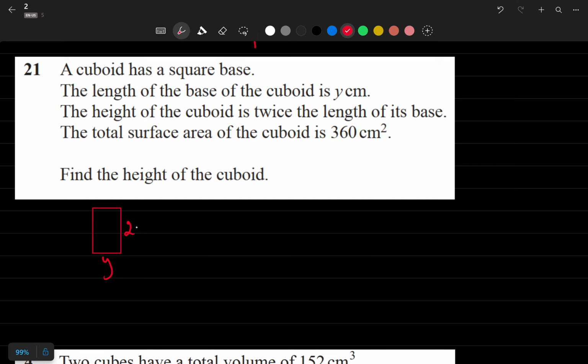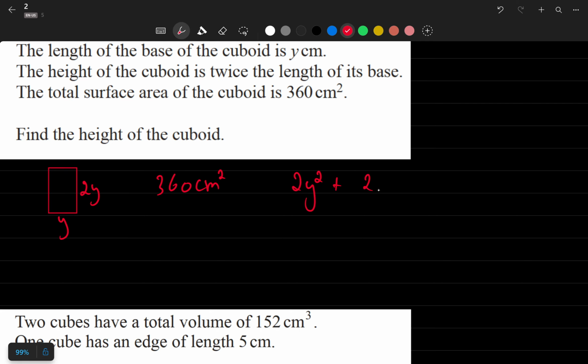Okay, now you know in a cuboid there will be two bases with y multiplied by 2y, which is equal to 2y square. Now you have to add the rest of the sides. This is y multiplied by 2y, which gives you the surface area of just the base, which is equal to 2y square. Now add the other lengths. Let's say it is also 2y square.